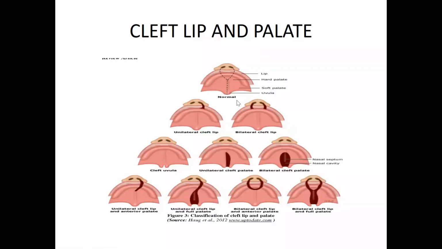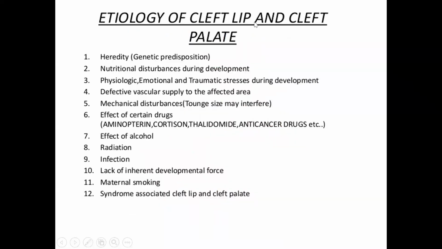What are the etiologies of cleft lip and cleft palate? Why are these babies more prone to cleft lip or cleft palate? One component is genetic predisposition, which is hereditary.